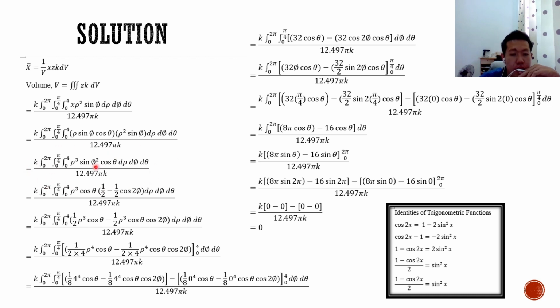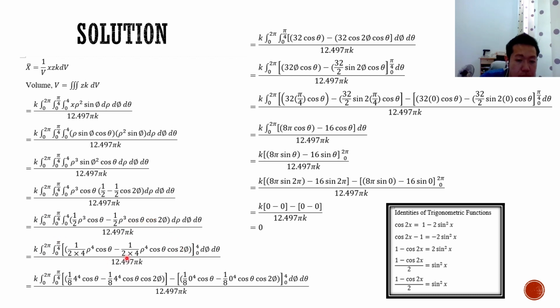And from this form, we change sine squared into 1 over 2 minus 1 over 2 cos 2 phi, which we get from the identities of trigonometric functions. After that, we can integrate the equation just like this.